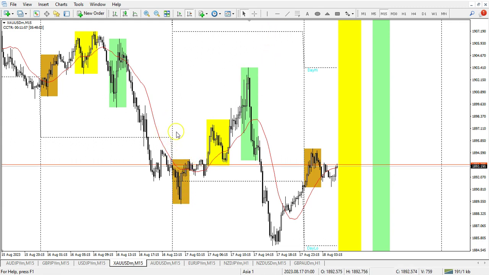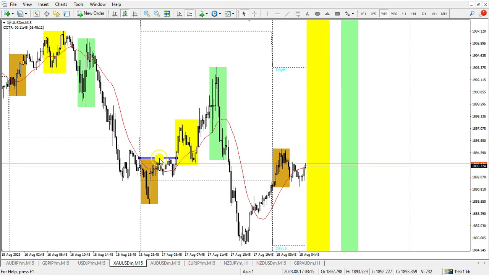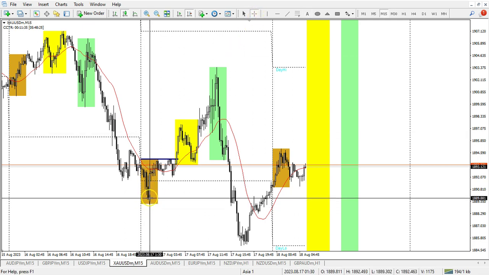So if we draw a line here at the end of the session, you see we have one push to the top. Yes, it made a low, but it also made a high. And if you look at this candle, let's look at the time, but I'm not talking about the Asian session. Look at this candle.